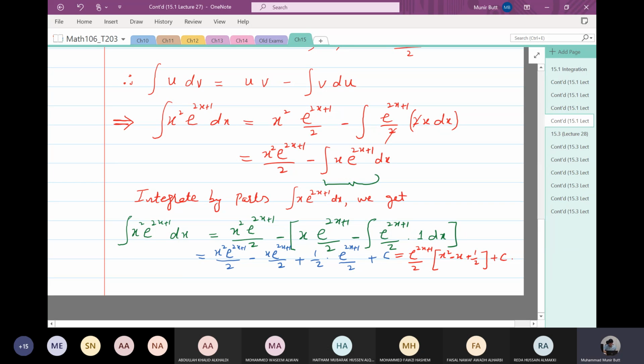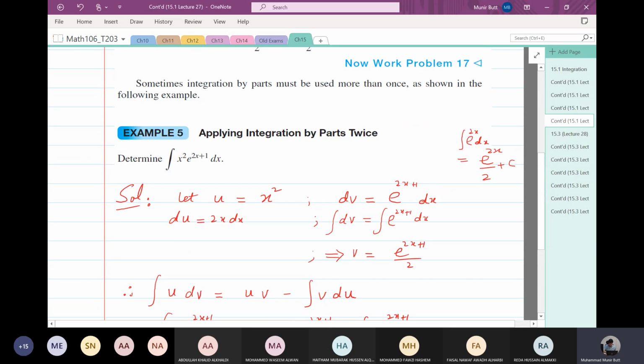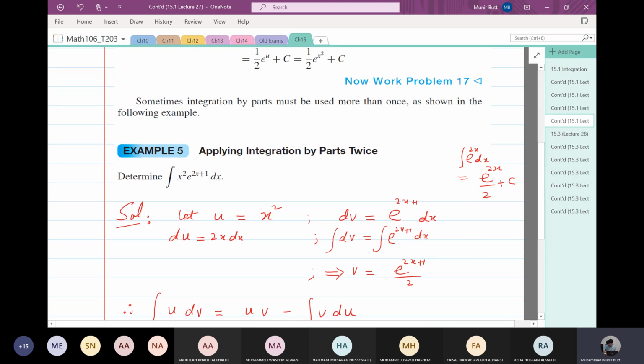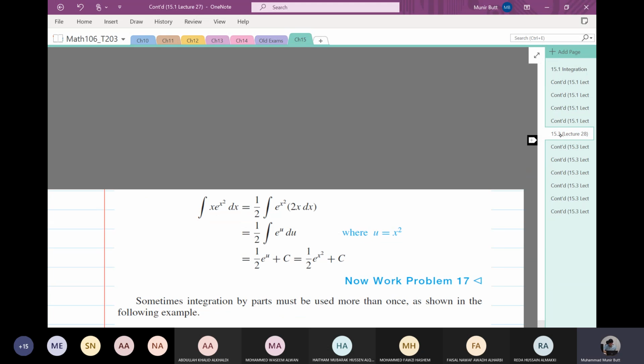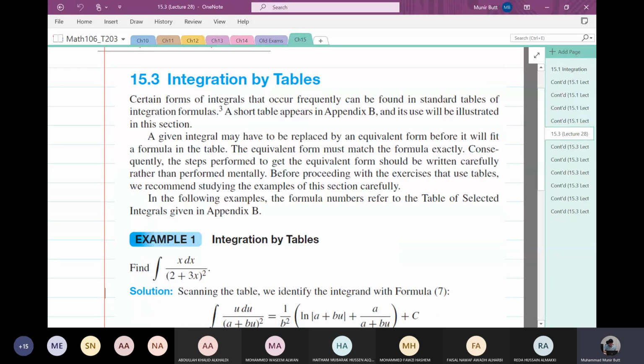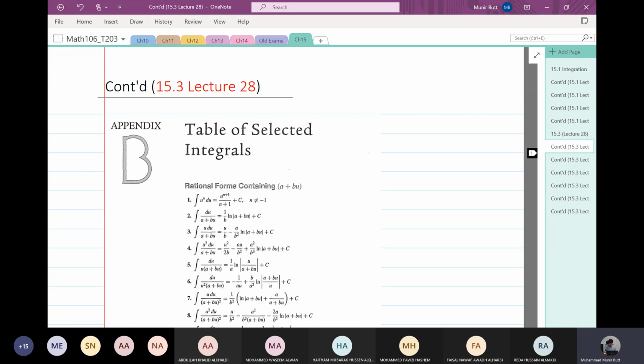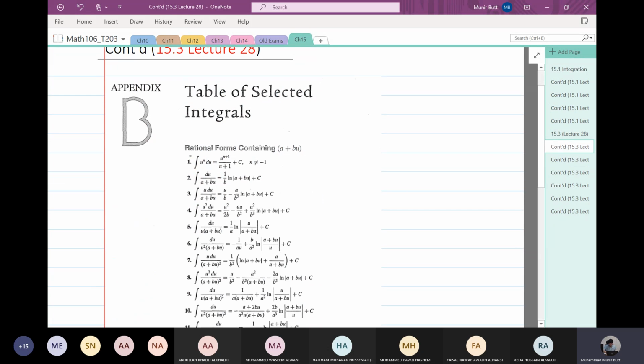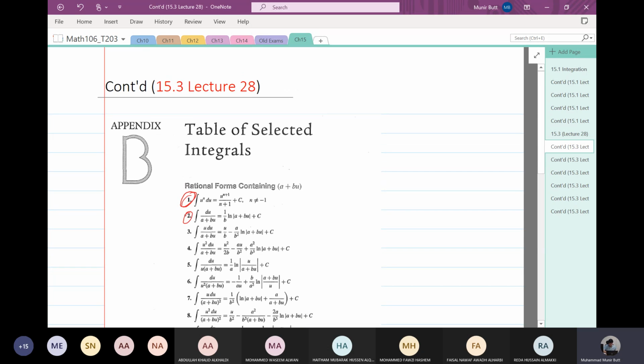Okay, so if you understand this, then this integration by parts concept is very clear. And now we can go further with integration by parts. And for this you need just to say what is in the table. This is the list of formulas in the book that I sent you as PDF.